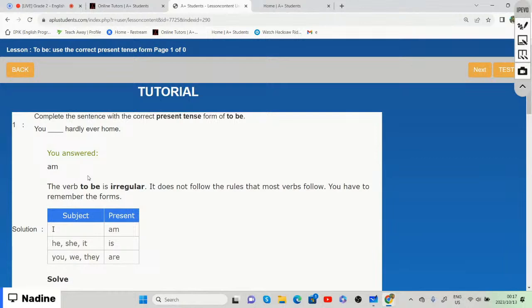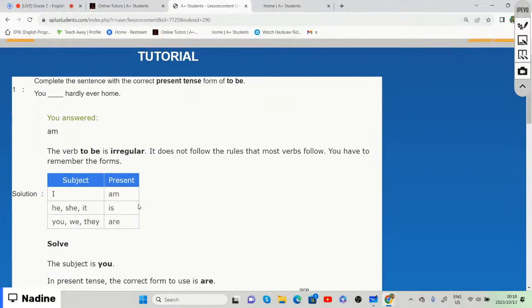For example, we have our subject and our present verb, right? So the subject, it refers to the person or thing that is doing the action. So if we, for example, if our subject is I, then I need to say I am. I am, and then doing something, right?